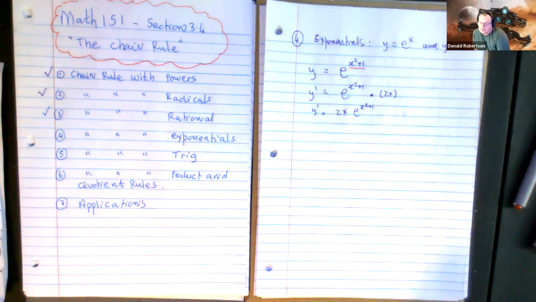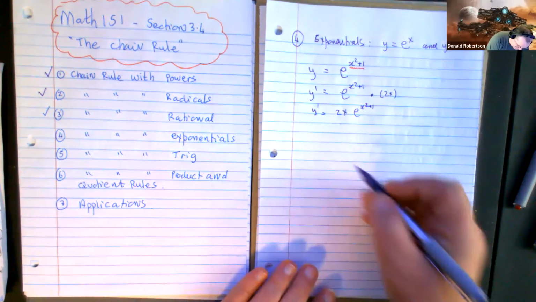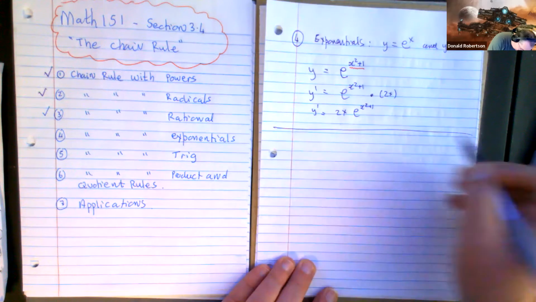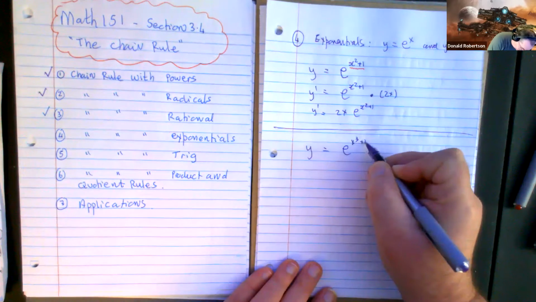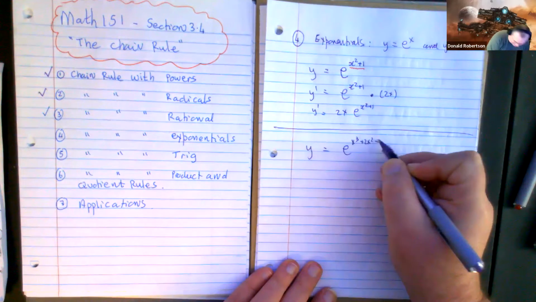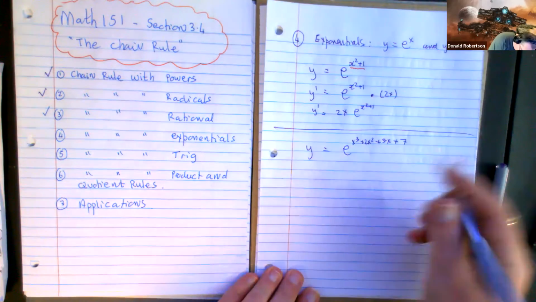Does that seem reasonable? Are we still following the same process? Any questions about that? You still good? Okay, try another one. Suppose it was e to the power of x cubed plus 2x squared plus 5x plus 7. The inside function would be the power, right?